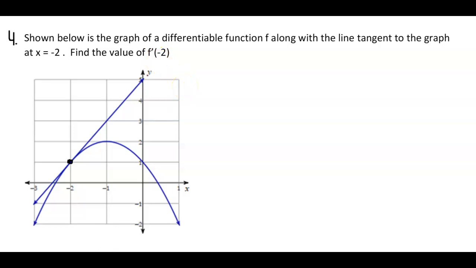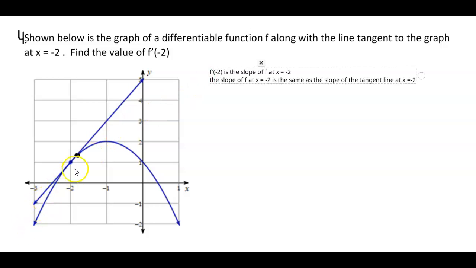Well, f prime of -2 is the slope of f at x equals -2. The slope of f is the same as the slope of the tangent line at x equals -2.